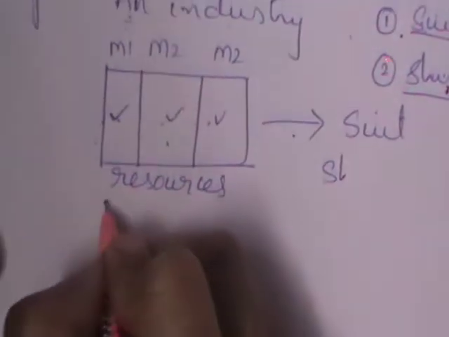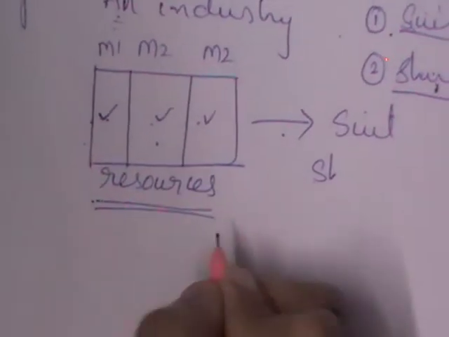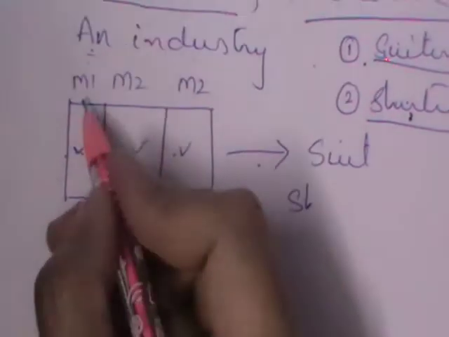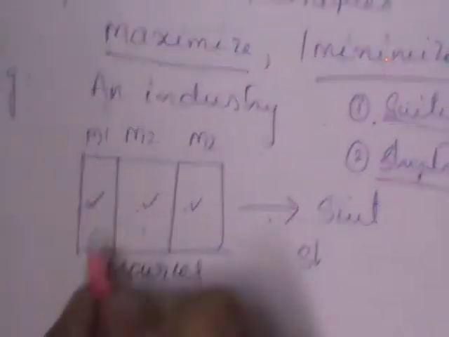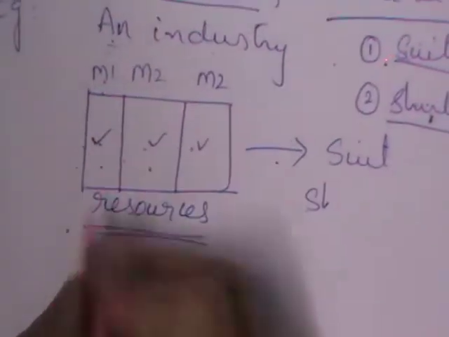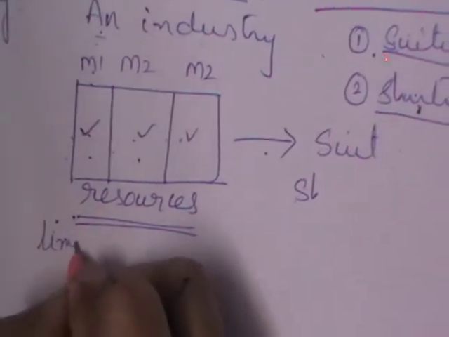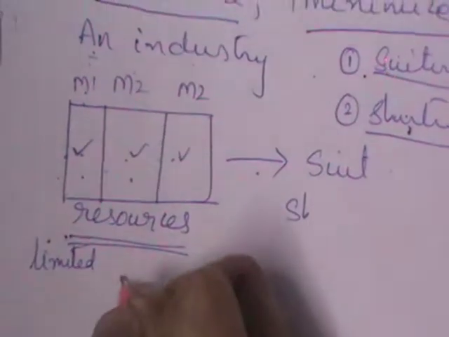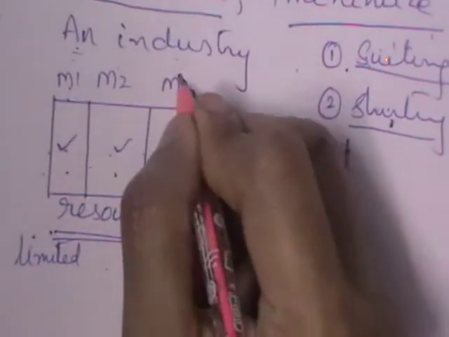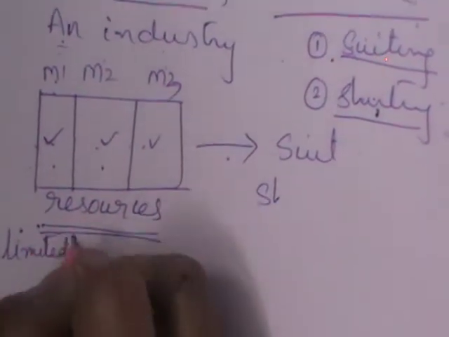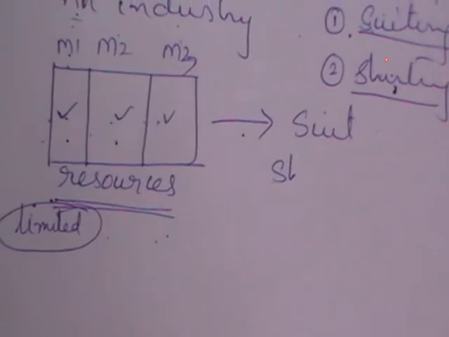You know that we never have a case where there are unlimited resources. Machine 1 will have, either daily or weekly, limited hours of work. Similarly, machine 2 will have limited hours of work. Similarly, the third machine will have limitations on its working hours.